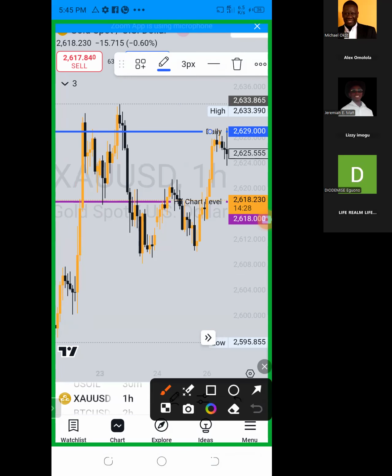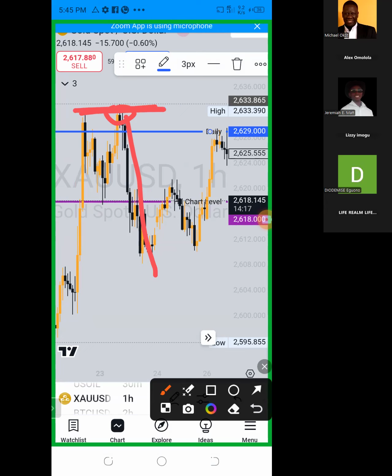At this level, price got in here and it rejected down. So what is this telling you? That this place is a supply zone. A supply zone is a zone where sellers are having momentum. There are sellers at that zone.